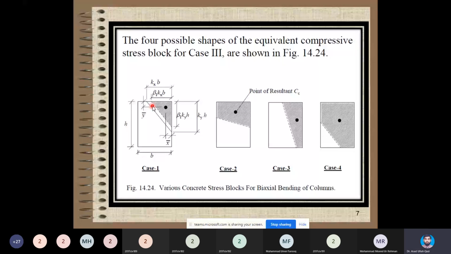So this is case 1: one corner of the column is in compression, one bar is in compression, and adjacent edges are getting intersected by that neutral axis. So this is one possibility.